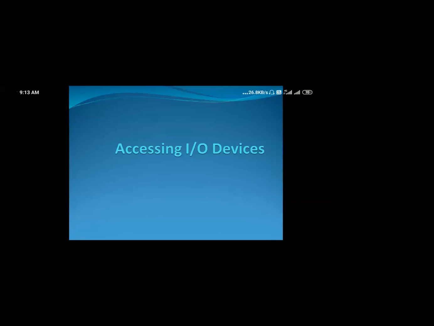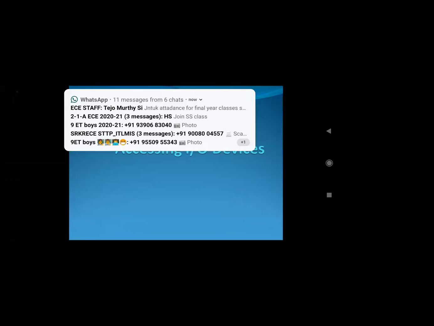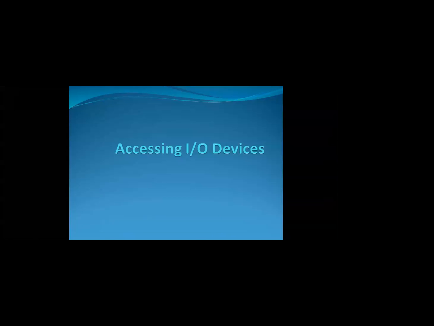And if you want a permanent record, then you use printers. Different applications, different devices are there. These are output devices. The joystick and keyboard are input devices. And accessing IO devices, we are talking with respect to the processor.